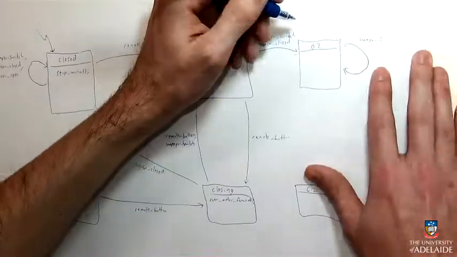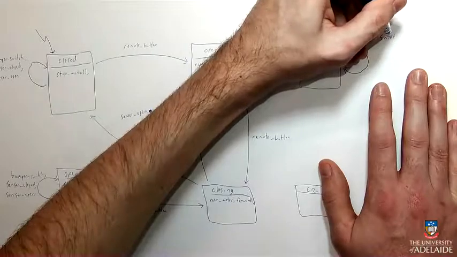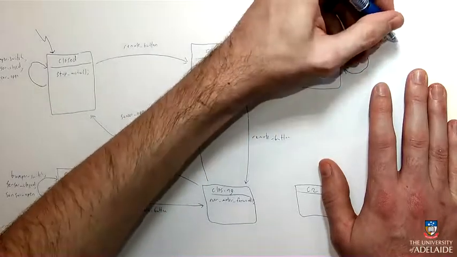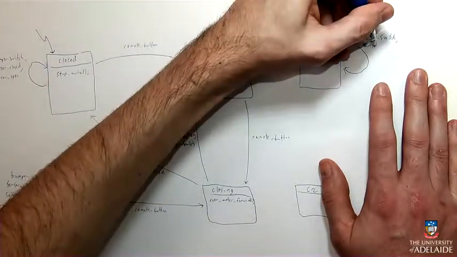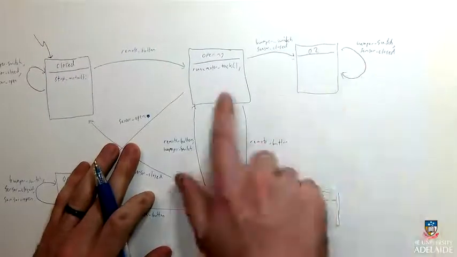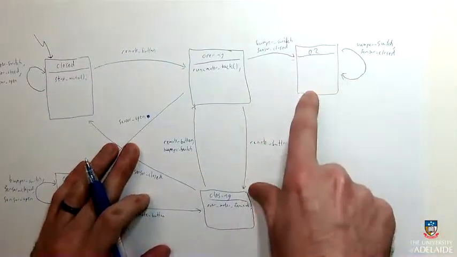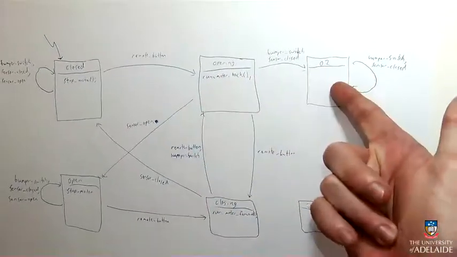And I know this is going off the page at this point. Switch. Closed. Okay, so we have the bumper switch on the sensor. That allows us to remain in this state, but then we also have to handle all outgoing transitions from this state and duplicate them over to here.